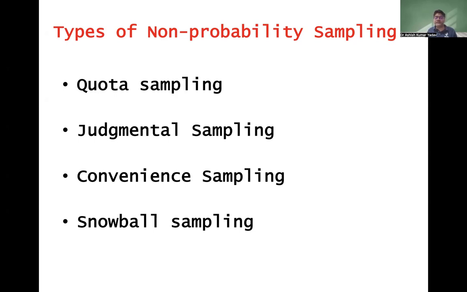So that patient will give me information about the next patient. The next patient will give me information about another patient. Like that, my entire snowball is formed. So like that, I would get the required samples. So the snowball sampling technique is a very powerful non-probability sampling technique.